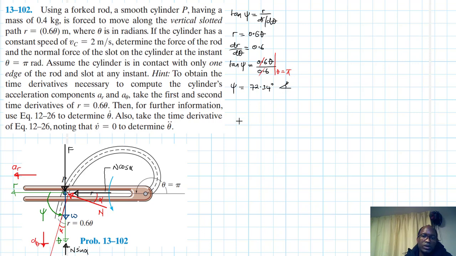It's clockwise. Okay, and our alpha is just equal to 90 minus psi, which is 90 minus 72.34. Therefore our alpha will just be equal to 17.66 degrees.